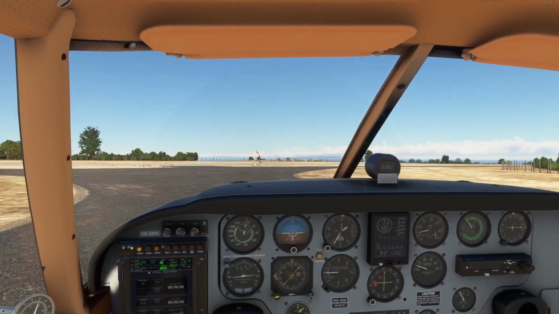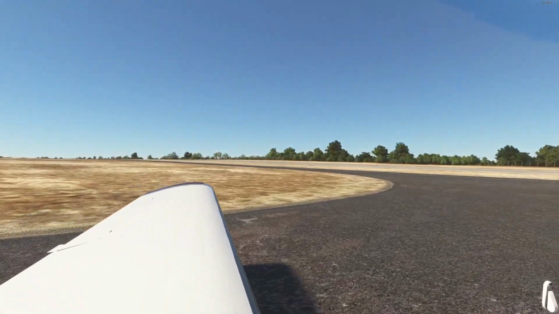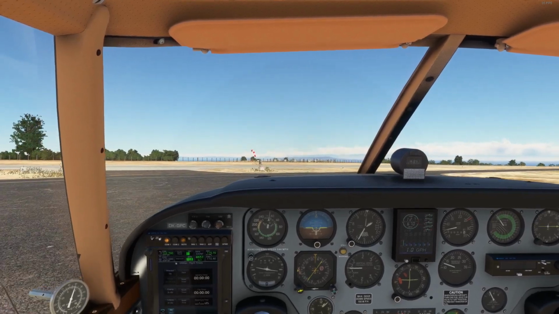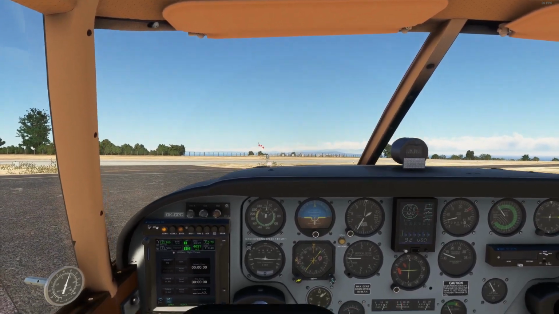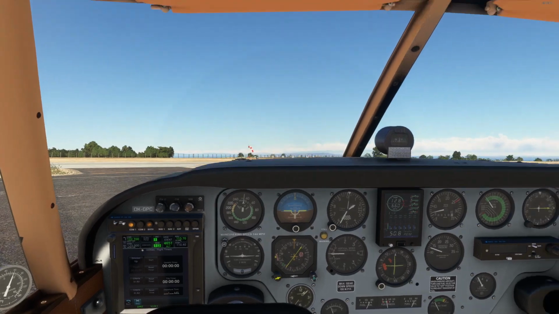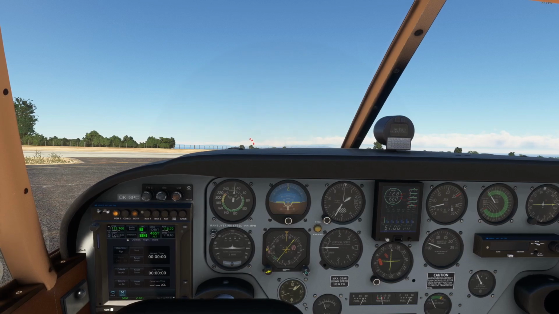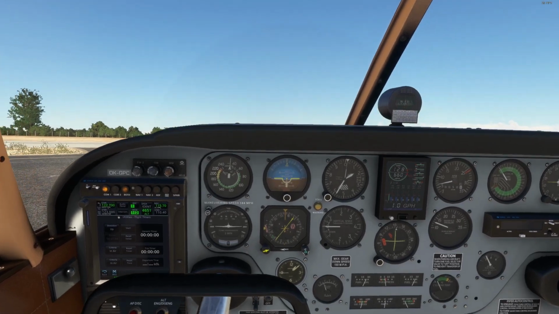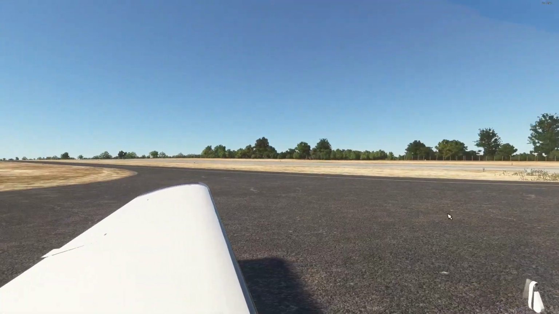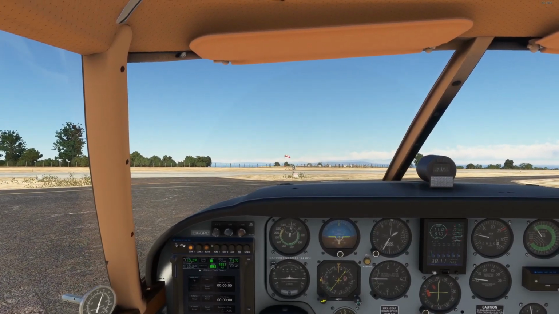Reported winds are 330 at 10. Is it like direct crosswind? I guess it is. Should we go for runway 06 when it's 330? Minus 10, so it's actually 320. It's still, yeah, 320, it's basically either way. Catalina traffic, Comanche 6529 Lima, taxi to runway 22, Catalina.